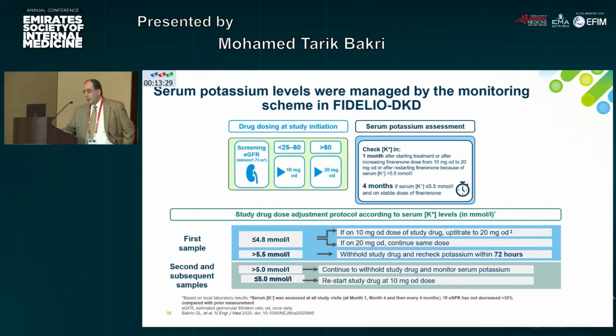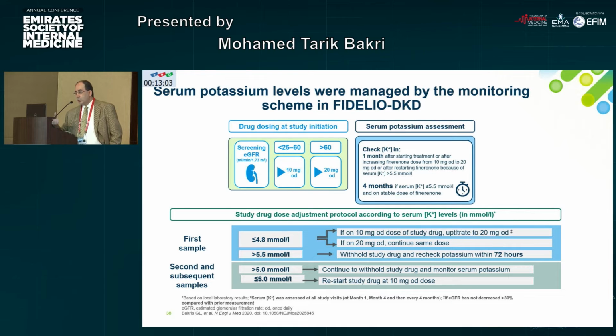The way they usually started the medication, which we will do in practice also, depends on the potassium level and the GFR at the beginning. If the potassium is less than 4.8 and the GFR above 60, they start 20 milligrams daily. If the GFR is 25 to 60, start with 10 milligrams.